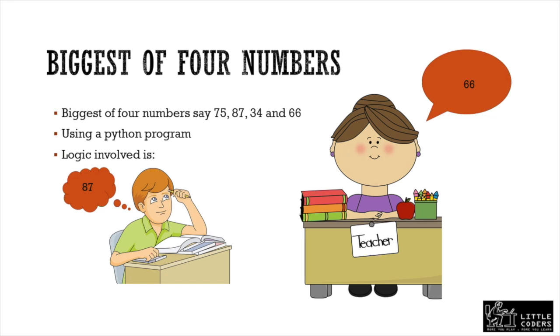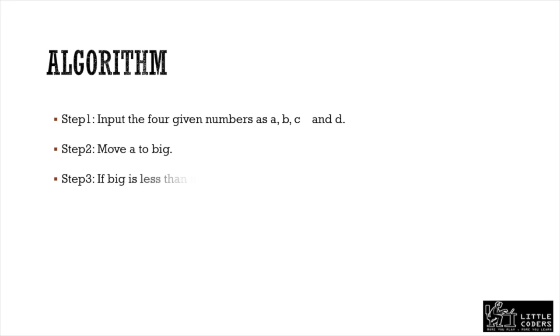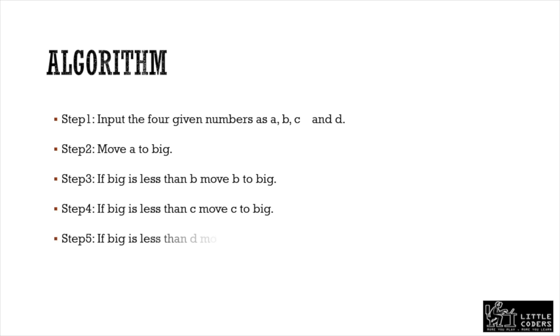So for this, the algorithm is given in the next slide. Here the first thing is input the 4 numbers as A, B, C and D. Step 2 is move A to big. Now you compare if big is less than B. If big is less than B, now B is the biggest, so move B to big. Otherwise it will come to step 4. If it is true, then it will do this and then come to step 4. If big is less than C, move C to big.